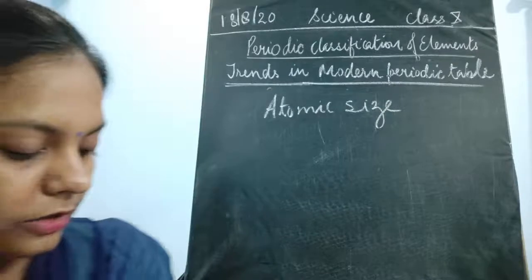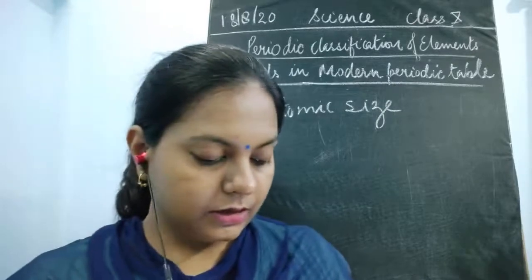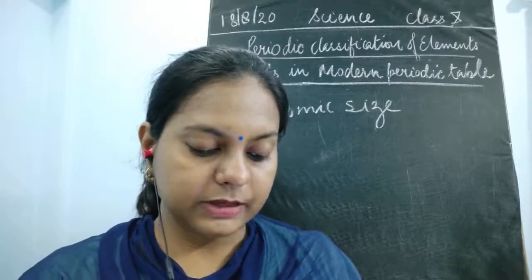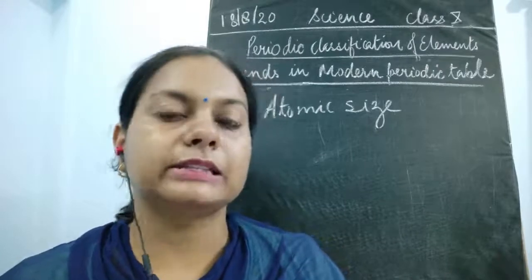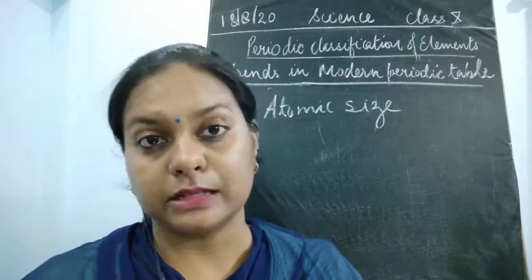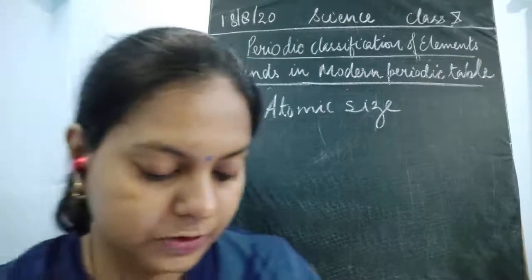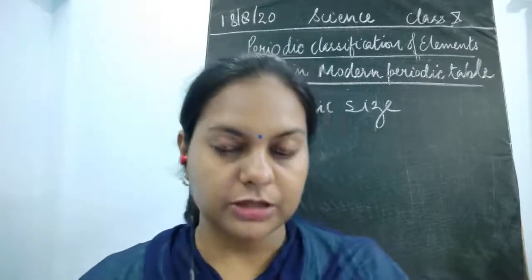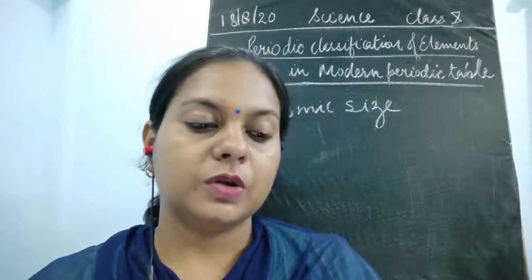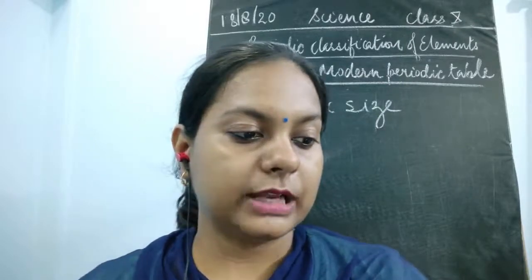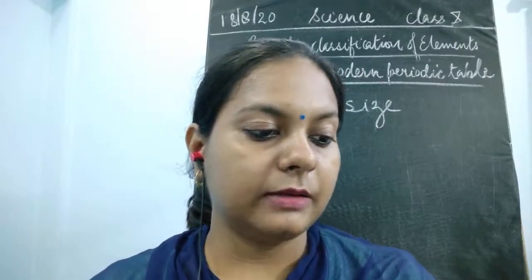So what is the trend in the atomic size? How is the size of an atom considered? We always consider the atomic size as the distance between the center of the nucleus and the outermost shell of an isolated atom. So how can we understand the size of a particular atom?